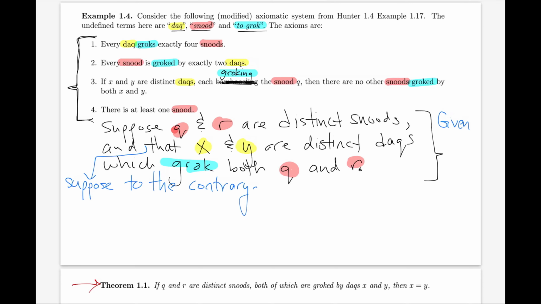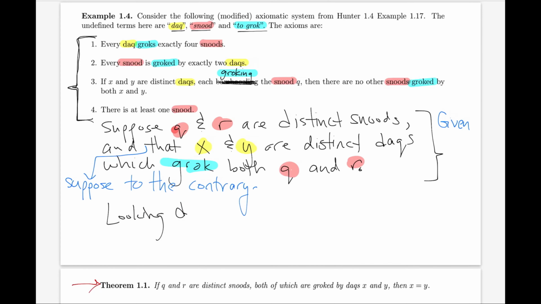And actually it follows almost immediately by looking at axiom 3. And why is that? Well, I've got X and Y that are distinct DACs.